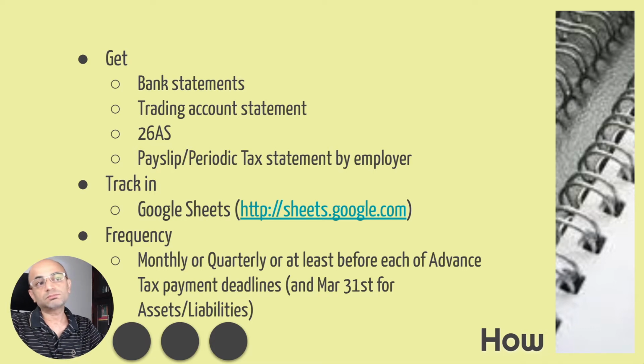And also definitely around March 31st, and maybe April 1st, so that you have a good idea about the assets and liabilities. It's hard to find out what is the cash in hand at other times than say on April 1st.